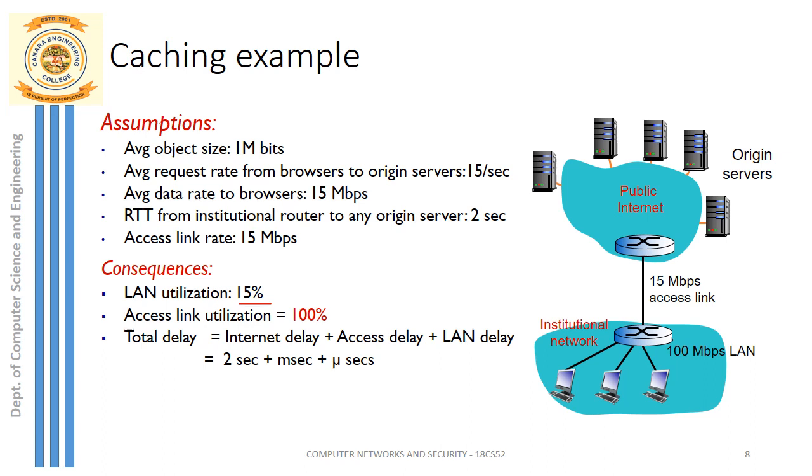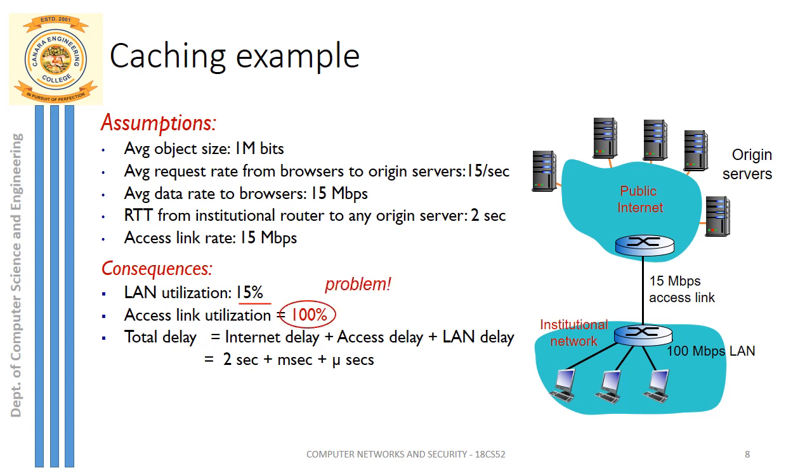The problem here is whenever the number of requests made by the client increases. As we have seen here, the total utilization is 100% for the access link. Now whenever the client increases the requests to the origin server, the delay will be more.